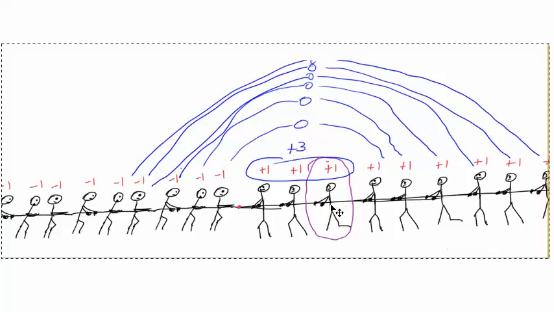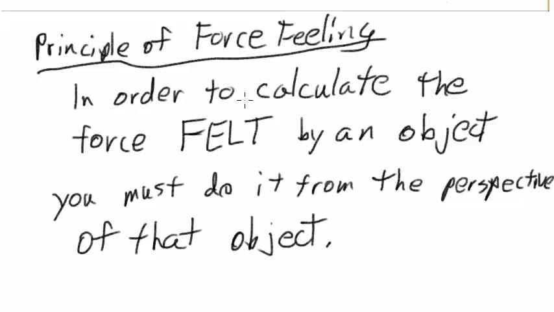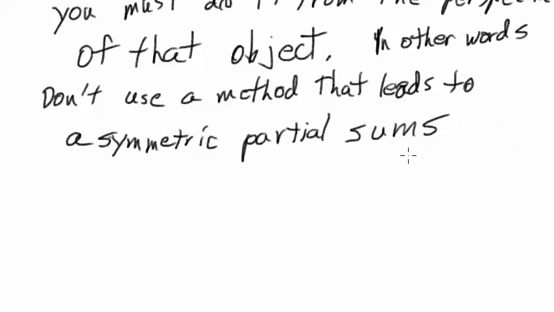Or would it make more sense for them to try to imagine the situation from the perspective of that point to calculate the forces? So I'm going to kind of invoke a principle of force feeling. I'm not sure if I have a proof for this, but I think that in order to calculate the force felt by an object, you must do it from the perspective of that object. In other words, don't use a method that leads to asymmetric partial sums.